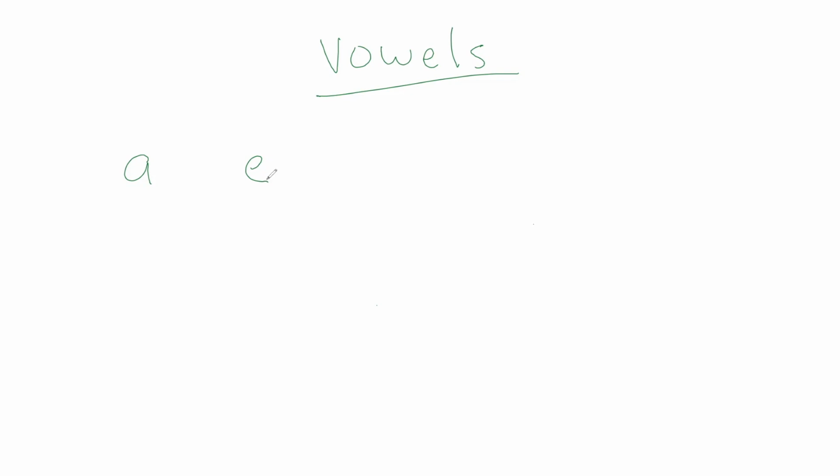So we have A, E, repeat, I, I, I. Great. O, o, o. Okay, short and crisp. U, u, u. All of them. A, e, i, o, u. Okay, so short and crisp.